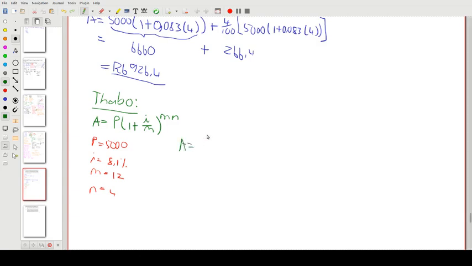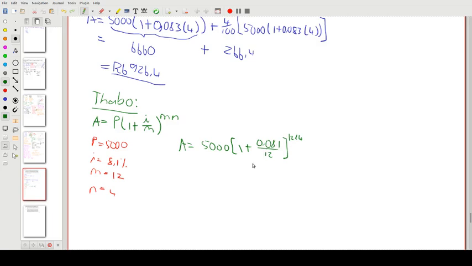A equals P, which is 5,000, times 1 plus 0.081 over 12, and that's all raised to the power 12 times 4. Right? 12 times 4.